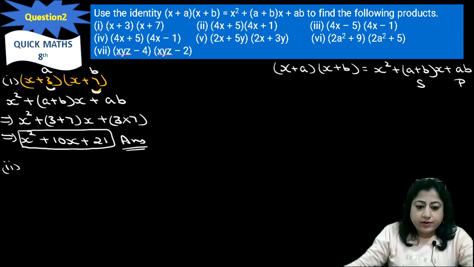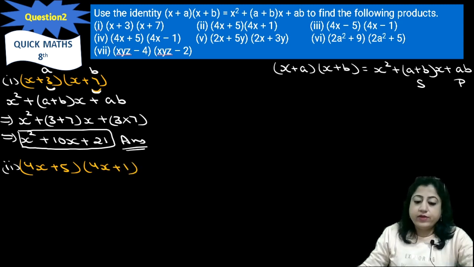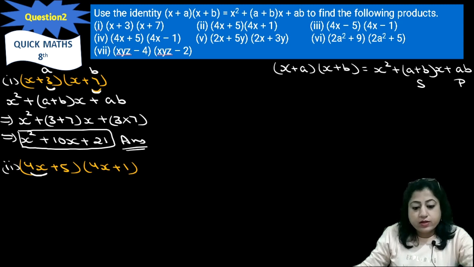Now the second part is 4x plus 5 and 4x plus 1. In the second part we can see the difference. The first term of the first bracket is 4x. The first term of the second bracket is also 4x.